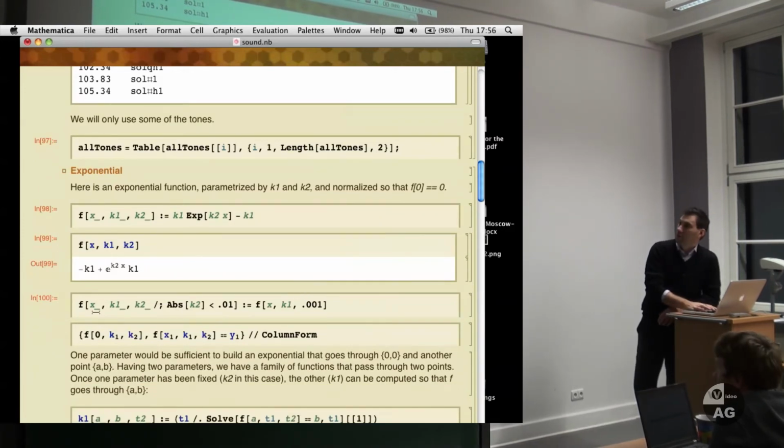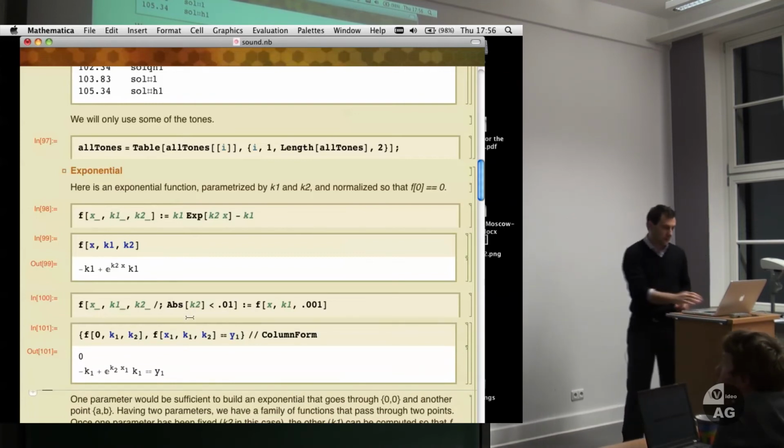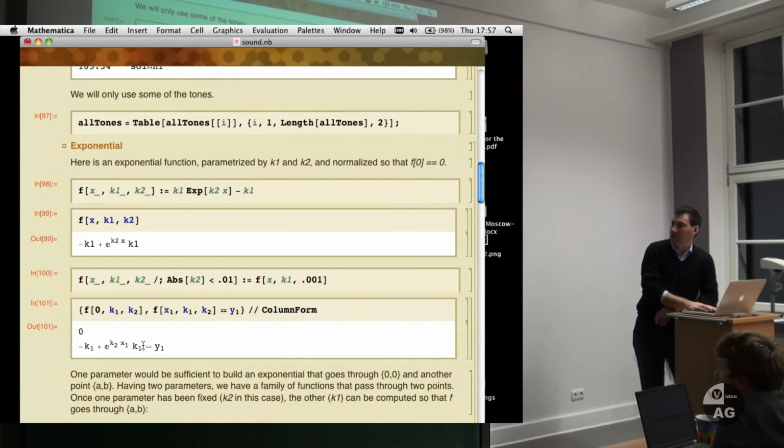Here I evaluate the function in 0, and I want this to be 0. Here I evaluate the function in a point x1, and I want it to be y1, the value at which I wanted to arrive. So I basically have to solve this equation so that in x1 I do get y1.